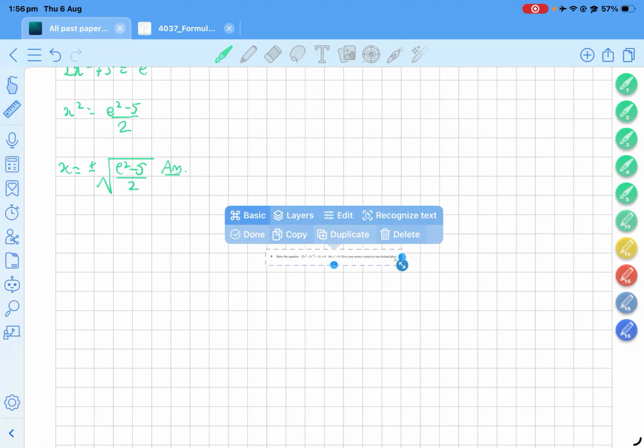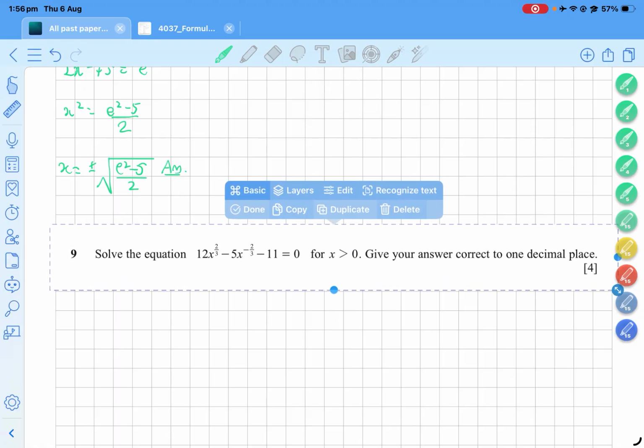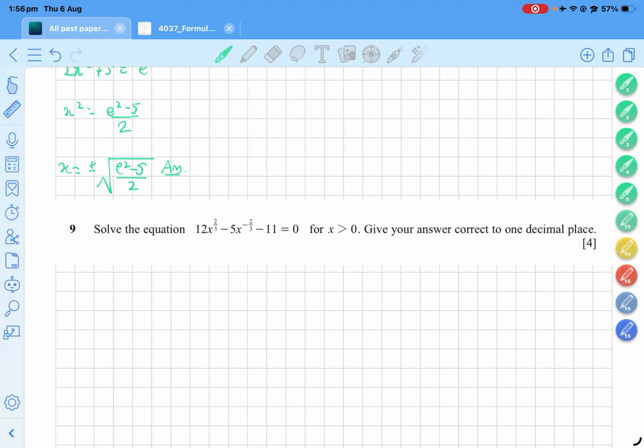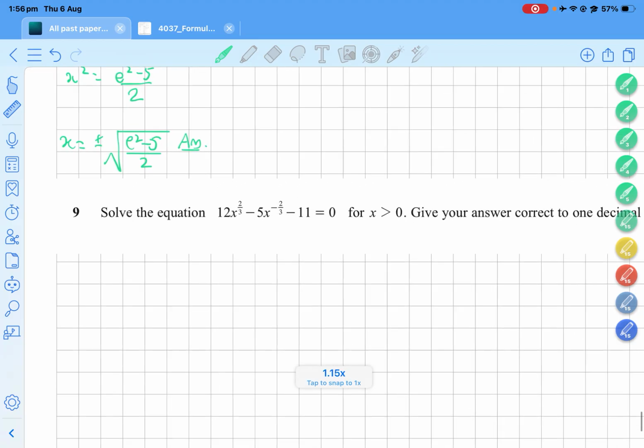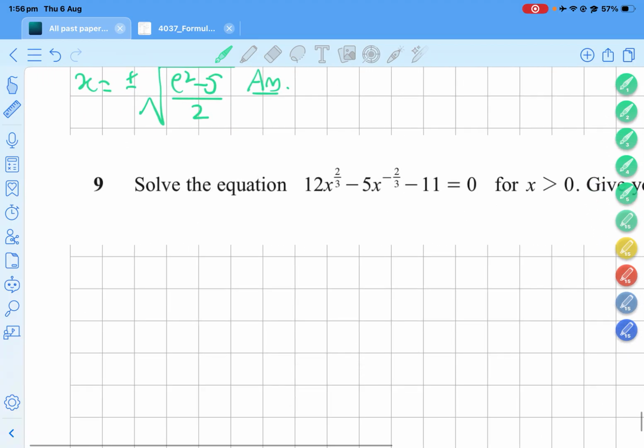And then we have question 9. So solve this equation. First of all, you want to let u equal x to the power of 2 upon 3.